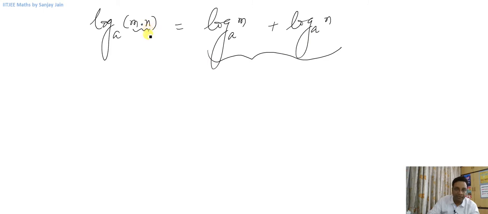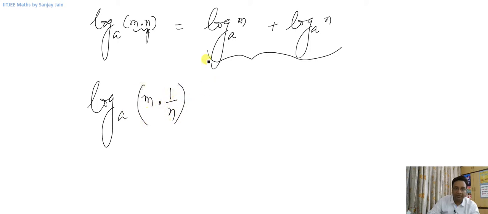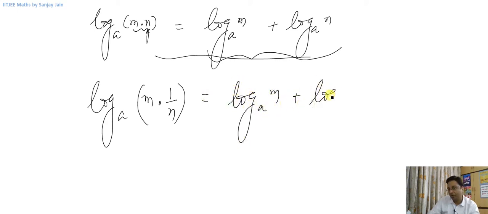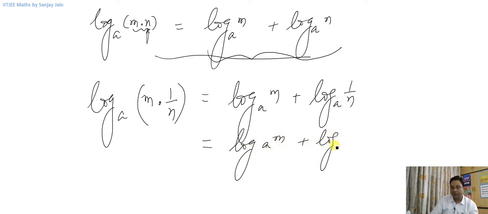Now, if I have in place of this n, let us say I have got m into 1 by n. So this same rule can be applied on this also, and I can write it as log m to the base a plus log 1 by n to the base a, right? And further it can be written as log a n raised to power negative 1. And we have already discussed in the last lecture that power of an argument can be taken outside.